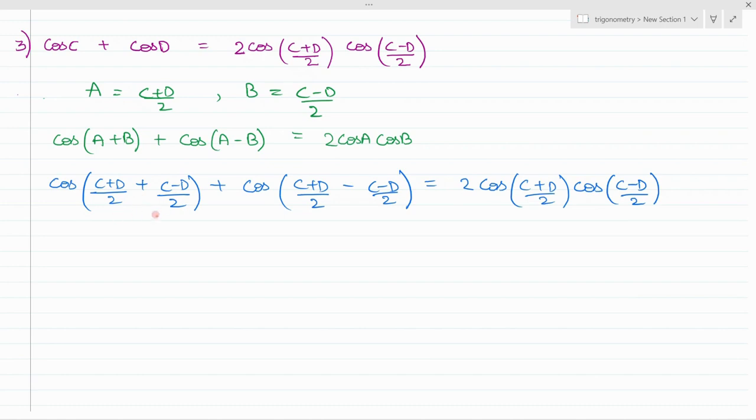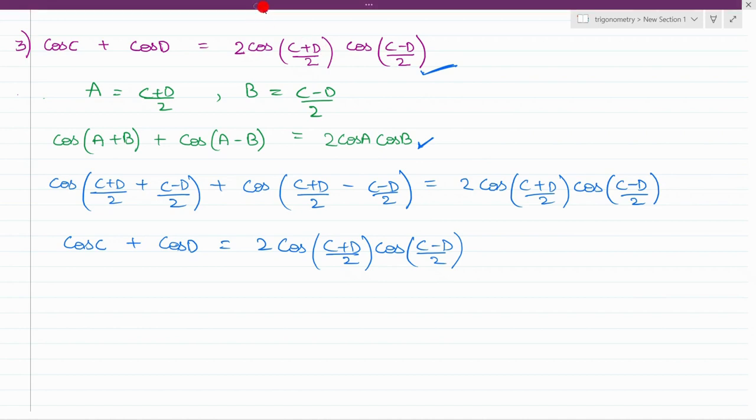When we sum it up, you will get cos C plus cos D is nothing but 2 cos (C plus D)/2 into cos (C minus D)/2. So we can prove this using this formula. So let's see a few examples where to use these kinds of formulas.